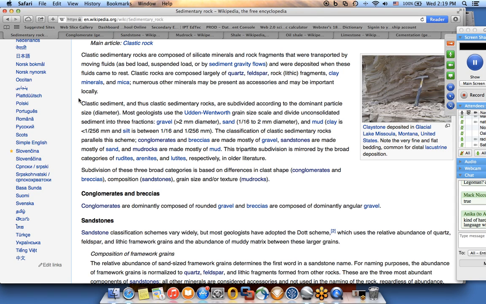See this part, it says clastic sediment, and that clastic sedimentary rocks are subdivided according to the dominant particle size, the diameter.